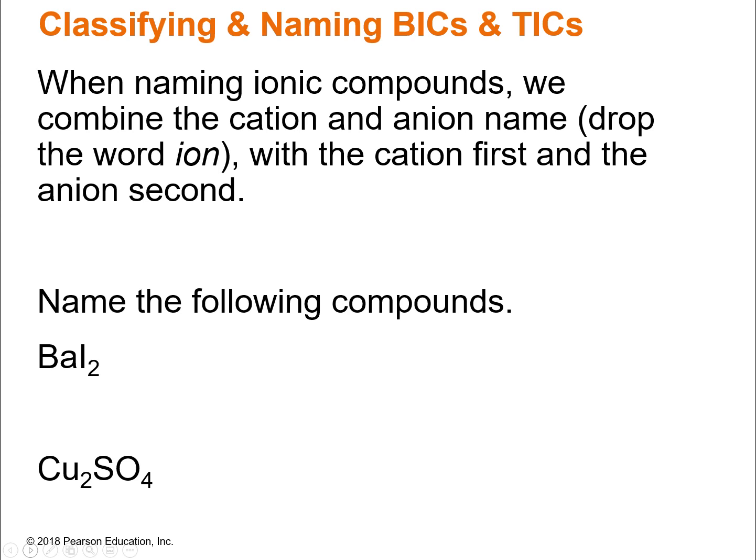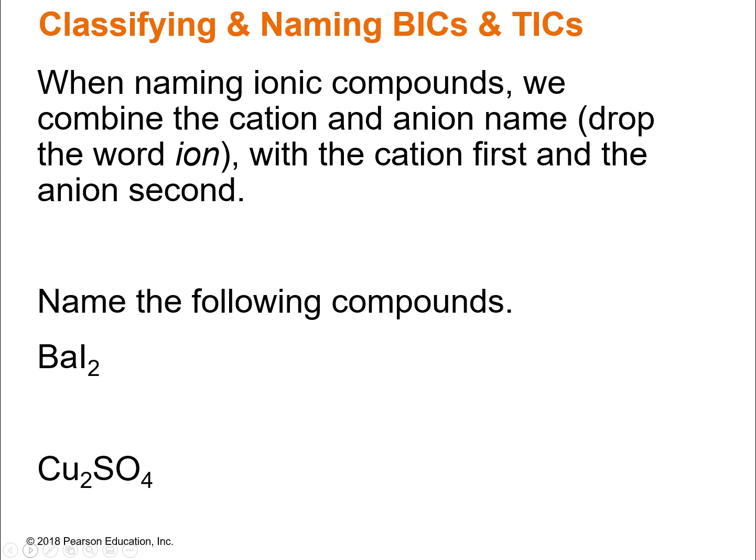Now we're getting into the naming part. Like I said earlier, you have to classify the compound so you can use the right naming rules. We'll practice identifying these and naming them as we go. And then at the very end of class, I have a few examples for us to do together where I'm not telling you what it is.